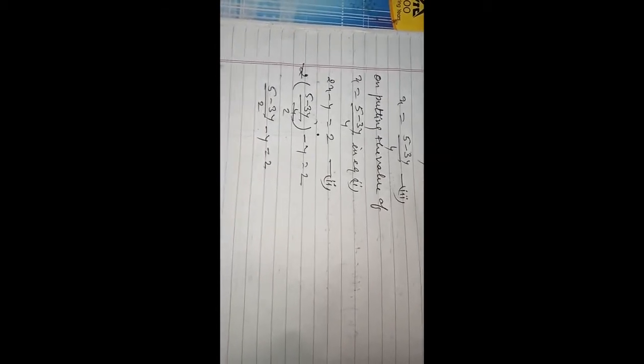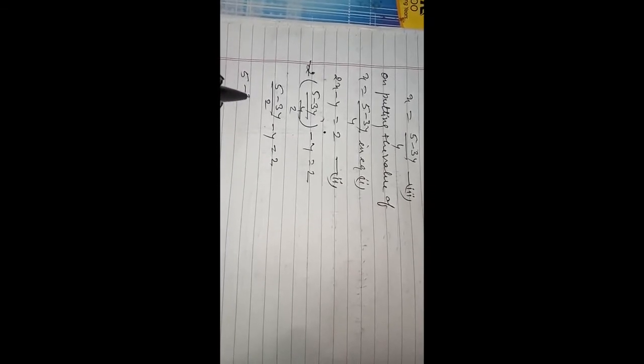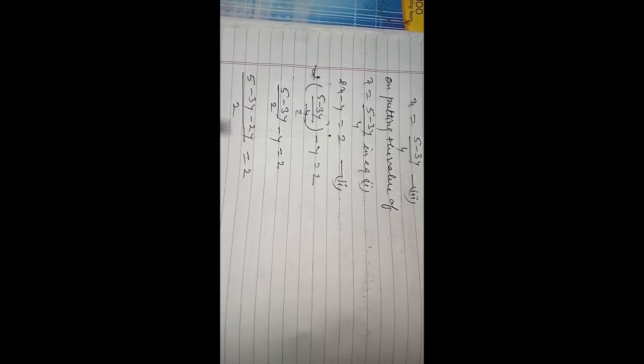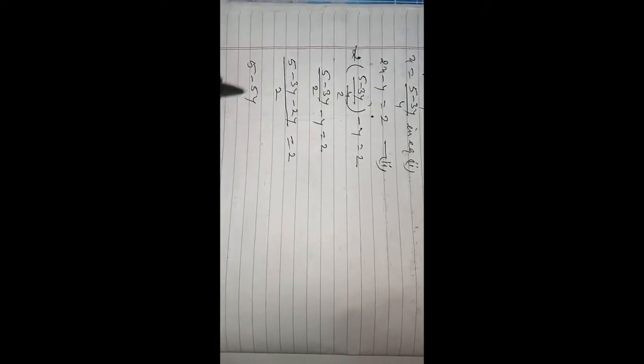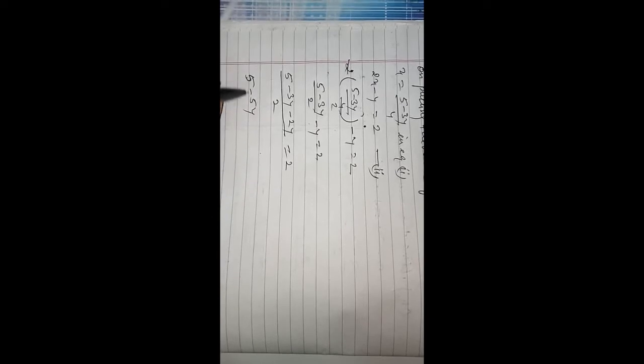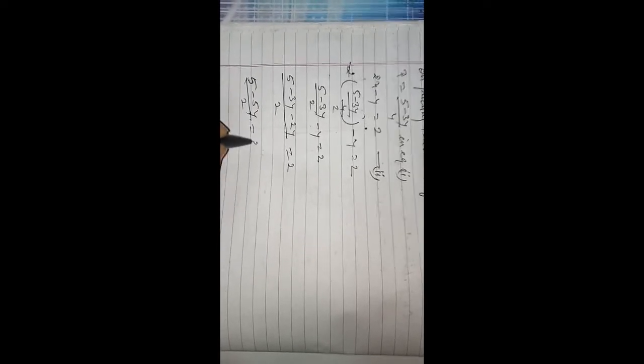Now subtracting, 5 minus 3y minus 2y upon 2 is equal to 2 by cross multiplication. 5 minus 5y, because minus 3y minus 2y becomes minus 5y, upon 2 is equal to 2.